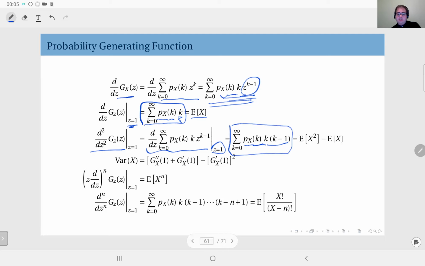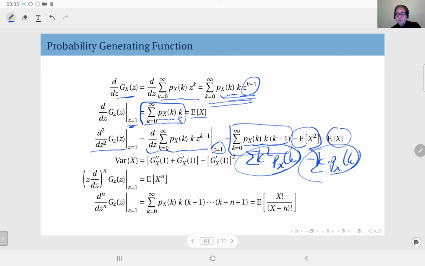If you arrange the terms, you will have k squared times the PMF minus k times the PMF. If you sum this and sum this, this term will be the second moment, and this term will be the mean. So the second moment minus the mean equals this quantity here. Therefore you can actually obtain the variance using these two, because if you remember, the variance is equal to the second moment minus the square of the mean.